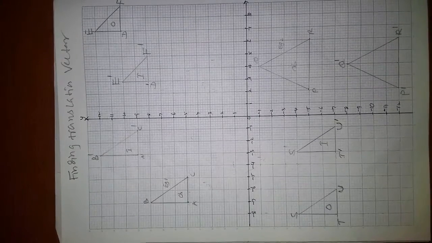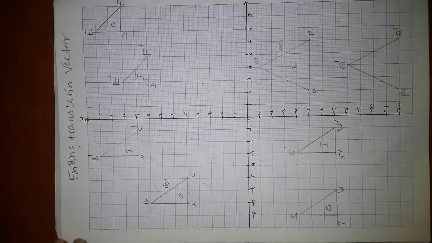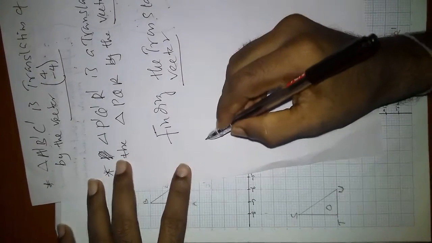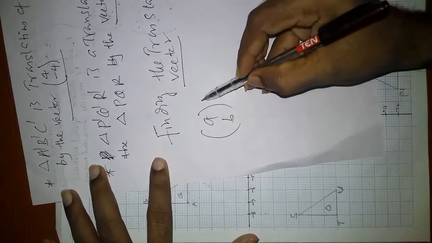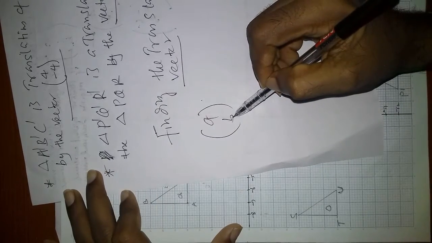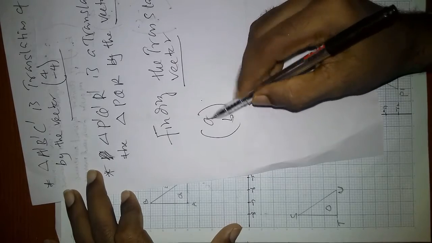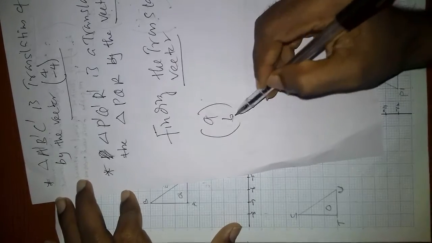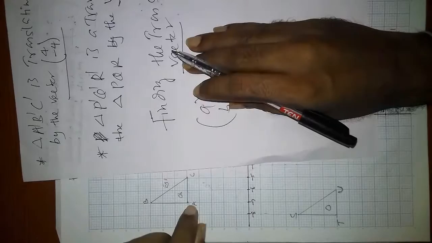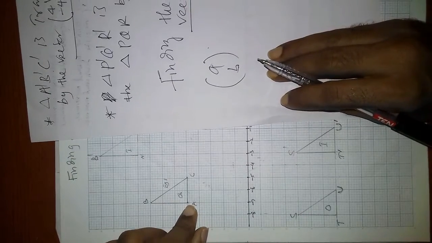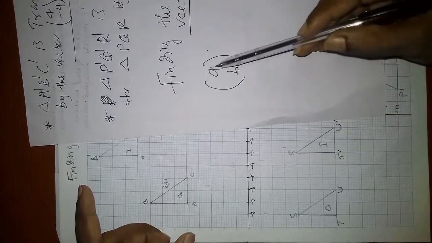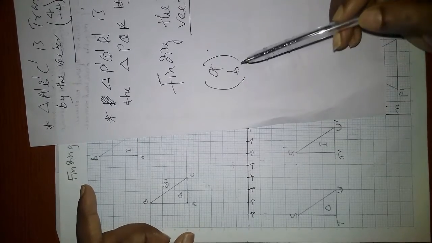You know this vector has a form where the top represents horizontal movement and the bottom represents vertical movement. Therefore, if you know the horizontal and vertical movement that each object point takes to be translated onto the corresponding image point, then you can write the vector. That's what we are going to do now.